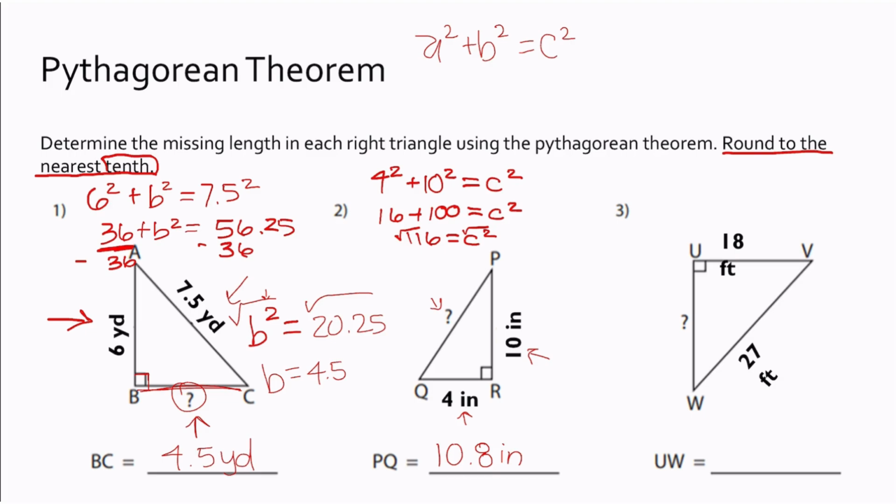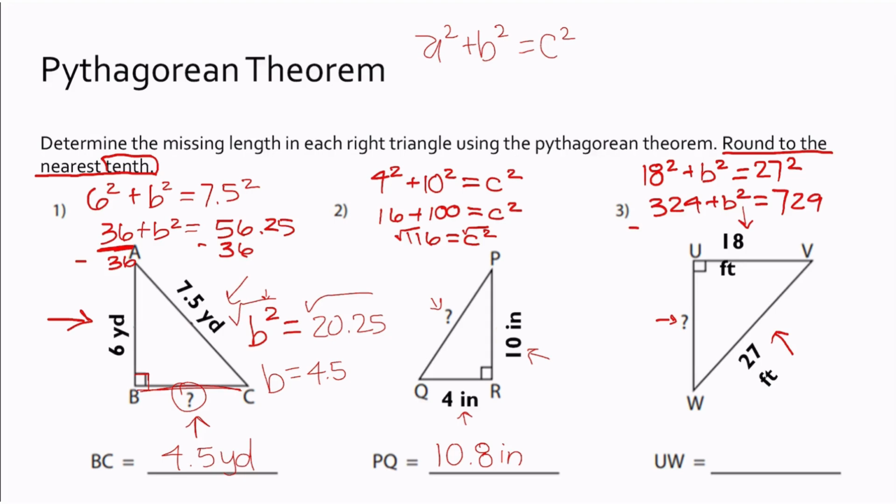And on this last one, I have a leg, and I have the hypotenuse, but I'm missing another leg. So I have 18 squared plus b squared equals 27 squared. Now 18 squared is 324 plus b squared equals 729.